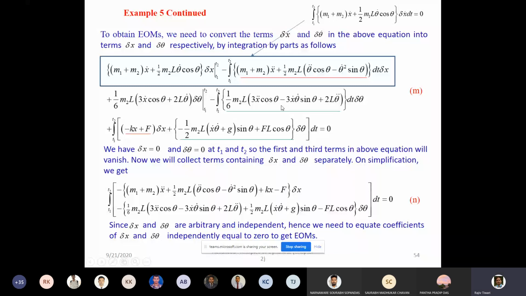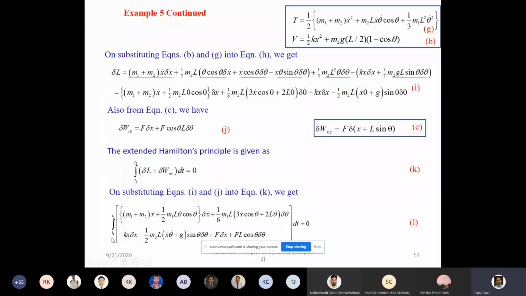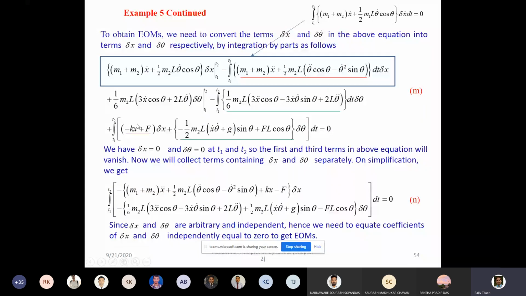So on the same line, this second term will be integrated by part. Remaining terms are as they are, because they contain only variation of the x, variation of the theta, not their derivatives. So the only thing I have done here is collect the variation of the x in one place, and variation of the theta in one place.